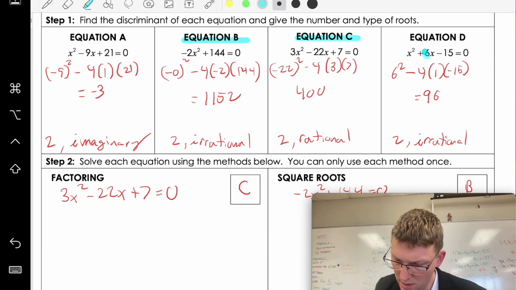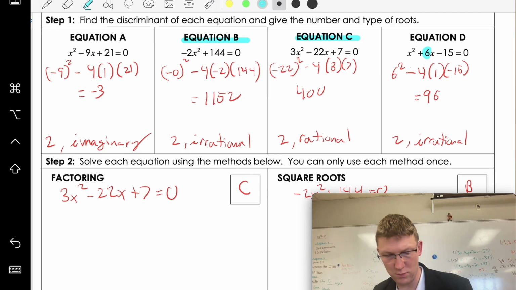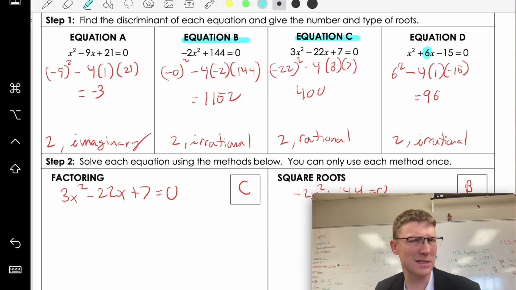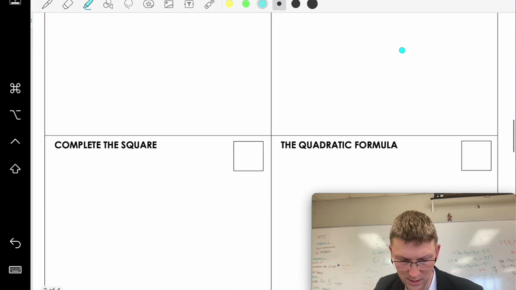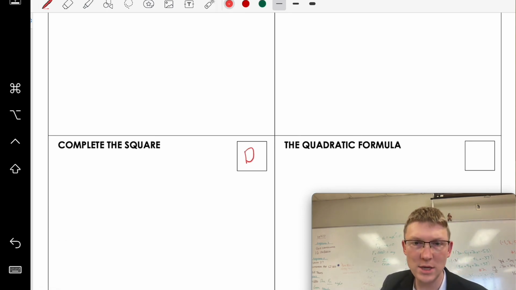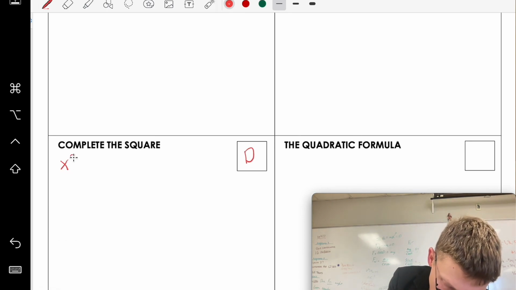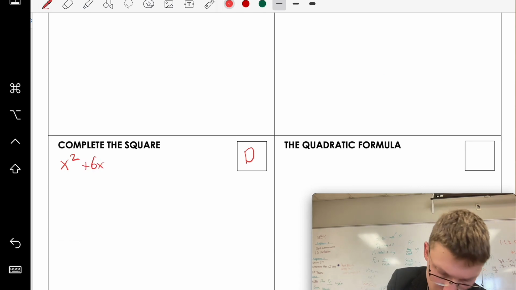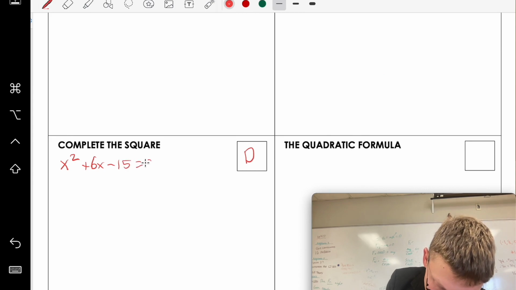But this being even will help me with the completing the square thing, because honestly, it'll help me avoid fractions, because remember, you take b divided by 2 and then square it. So if we can avoid fractions, I'm all about that. So we're going to put d down here by completing the square. And that equation is x squared plus 6x minus 15 equals 0.